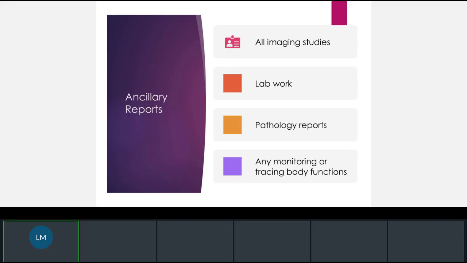So all imaging studies, any lab work that was done, any pathology reports, any time that the patient was monitored or they were tracing some kind of body function, if they were monitoring urine output, any of that, those ancillary reports are also going to become part of that patient's health record.